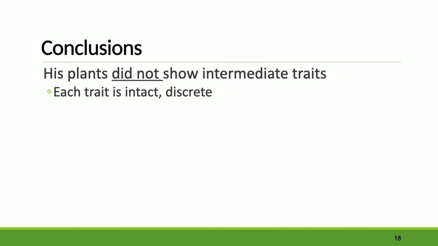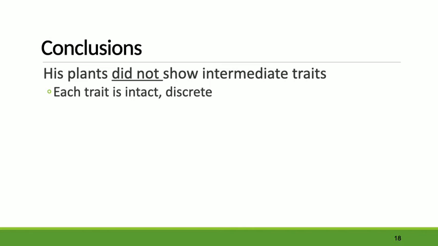That's not what he saw. Clearly, from the very first cross that he made, when he crossed a purple flowered plant with a white flowered plant, the offspring were all completely purple. There was no blending. So he concluded that there are no intermediate traits and no blending, and that each trait is an intact, discrete piece of information that gets passed on.